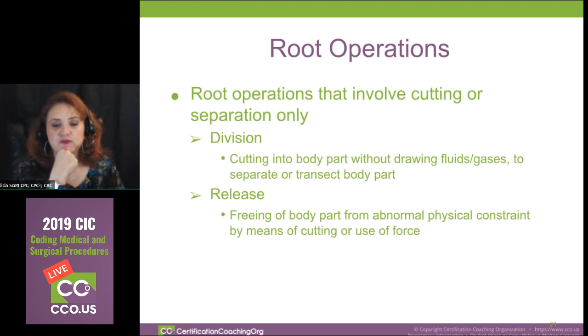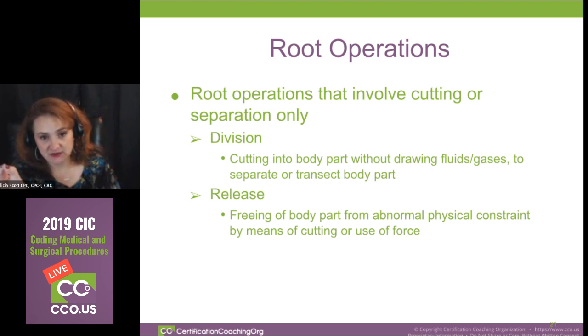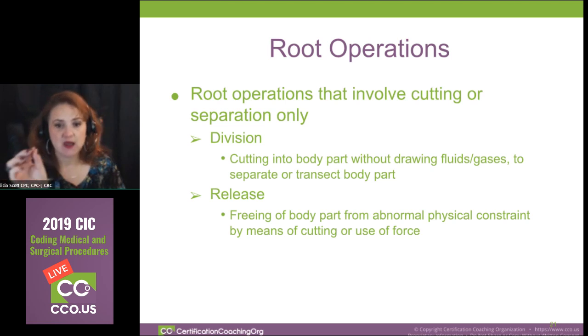What about a release? We're freeing a body part from an abnormal physical constraint, and that's the key, abnormal physical constraint by means of cutting or use of force. If you're going to do carpal tunnel, is that a division or a release?